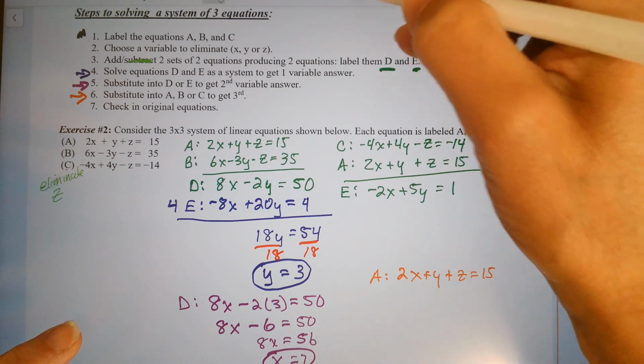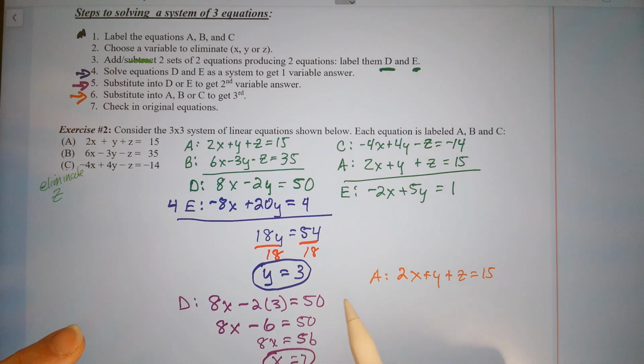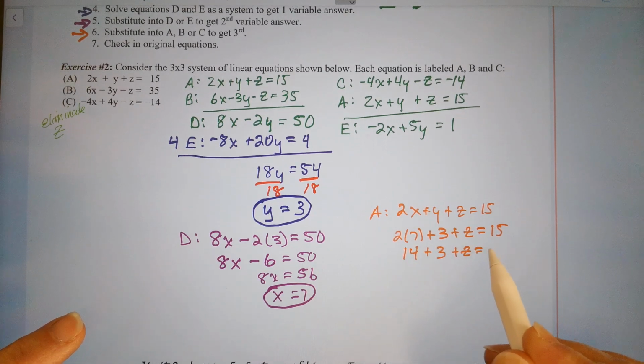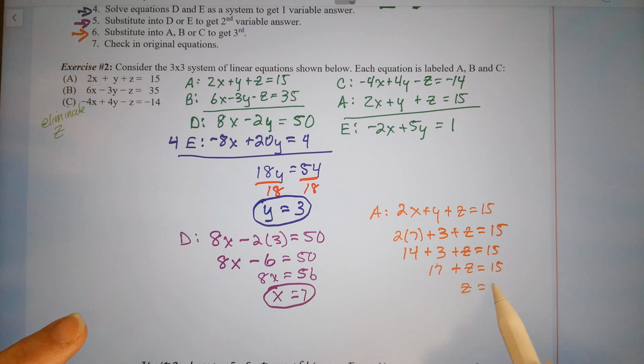Substituting, 7 in for x, 2 times 7, 3 in for y, and we're finding the variable z. So 14 plus 3 is 17. Subtract 17 from both sides, and we get z is equal to -2.